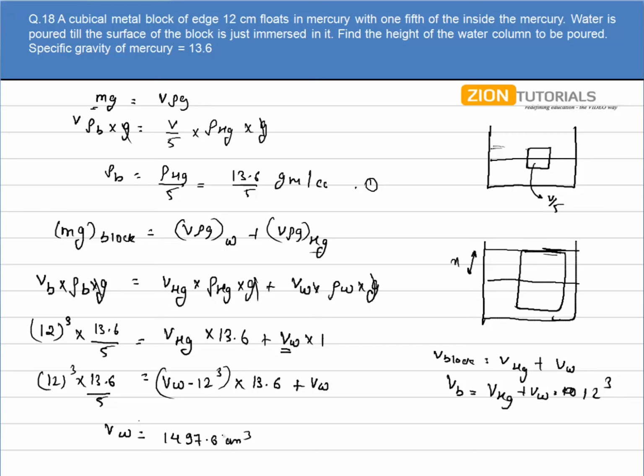Now this is the volume of the cube that is dipped inside the water, that is this much volume, right? Now this much volume, that is Vw, can be calculated by area of cross section into height x, right? And now we know that the value of A is 12 square, so the value of x comes out to be 10.4 centimeter. This is the height of the water that is poured into the container, and that is my answer.